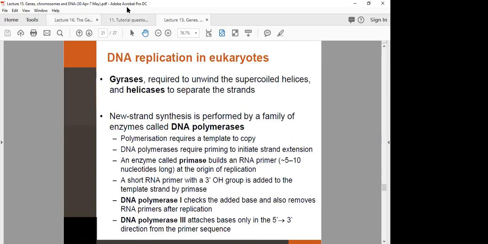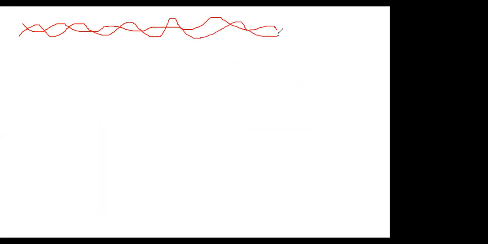Okay, now for this, I need to bring up my whiteboard. Here we go. All right, so we start off with our double-stranded DNA. Okay, and now that's been uncoiled and the two strands have been separated from each other.